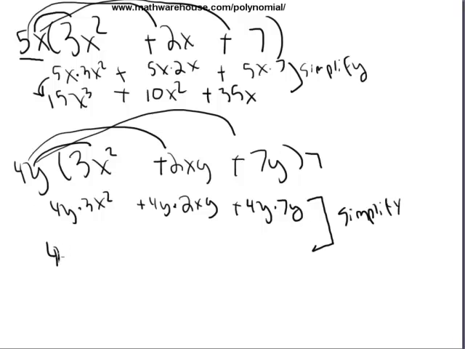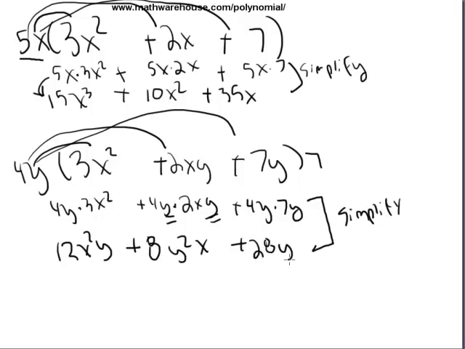So 4 times 3 is 12 x squared y, right? You can't do anything with the x squared and the y. Plus 4 times 2 is 8. We have y times y, or y squared x, plus 4 times 7 is 28 y squared.